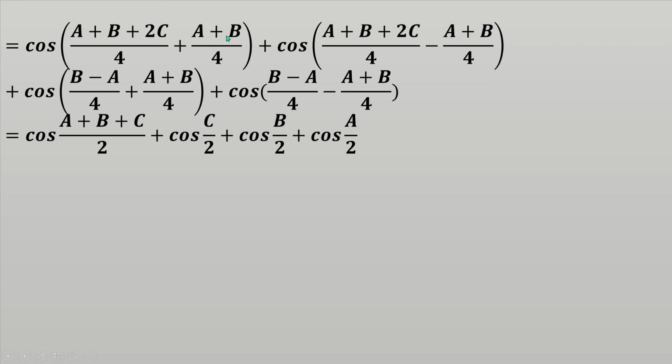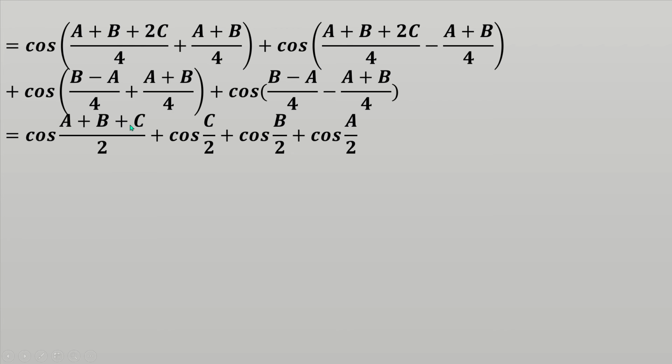That means 2 into (a plus b plus c), and 2 and this 4 cut, here will be 2. And here a cuts, b cuts. That means 2c divided by 4, that means 2 and 4 cut, here will be only 2, that means c by 2. And similarly the other parts will be b by 2, and here will be a by 2.